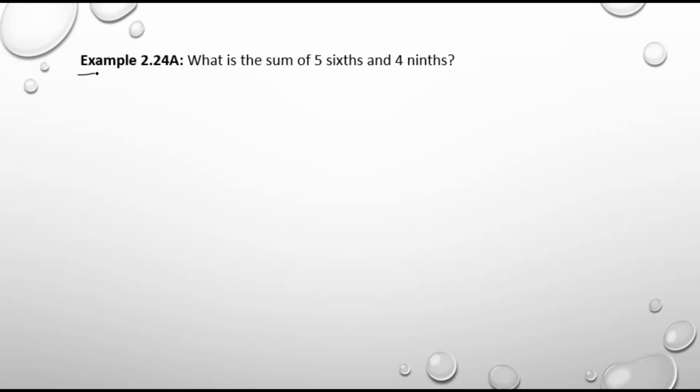So example 2.24a, which you're responsible for turning in, we're going to add 5/6 and 4/9. I'll write these in fraction notation. That would be 5/6, and this would be 4/9. Now notice, I cannot multiply a whole number, 6, by a whole number and get 9.